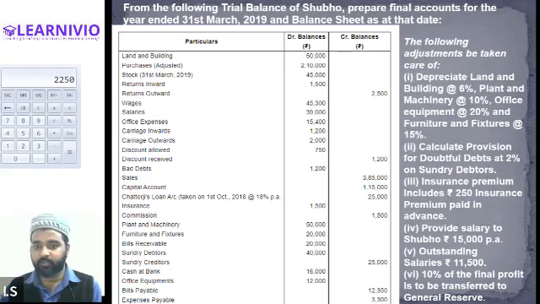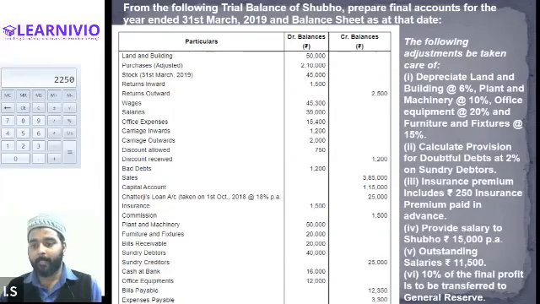So we will record it in the balance sheet on the liability side. Right, everyone? Done? Yes, sir. Okay. So all of you, please calculate gross profit in the trading account.